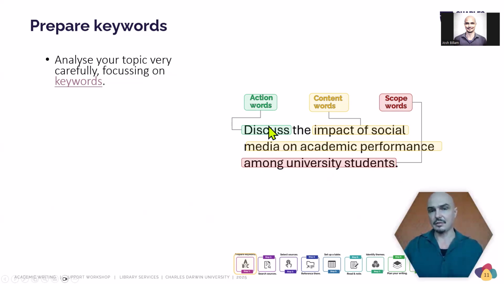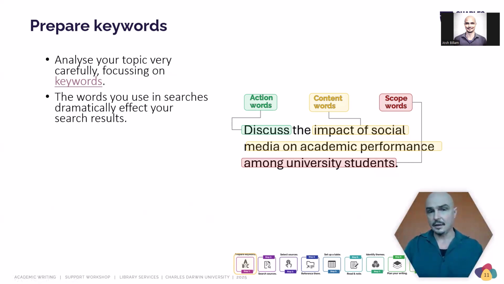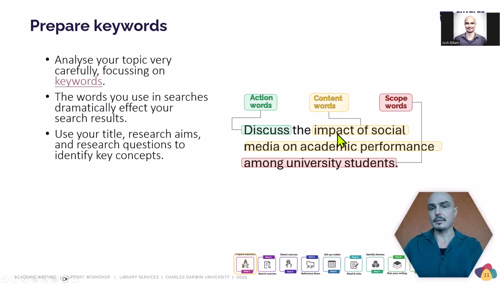Within that, there are action words, content words, and scope words. Action words are what you need to do, content words are the basic topic, and the scope words are the limitations or the ends of the field that you want to search for. Now, if you just type that string into a search engine, you might get some good results, but it's good to consider that, especially with the content words, each one of them has multiple synonyms.